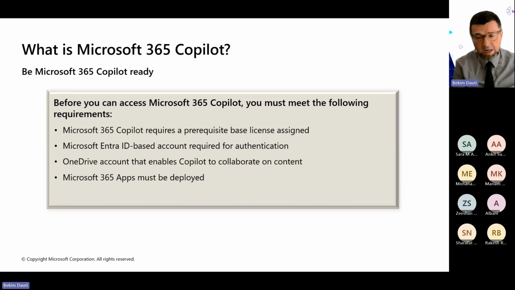So Microsoft 365 Copilot is indeed an AI-powered assistant which, as we said, is designed to help users work more efficiently with Microsoft 365 applications. Some of the most used applications within Microsoft 365 apps and services are Office 365, Microsoft Teams, okay? And of course, some other applications as well.